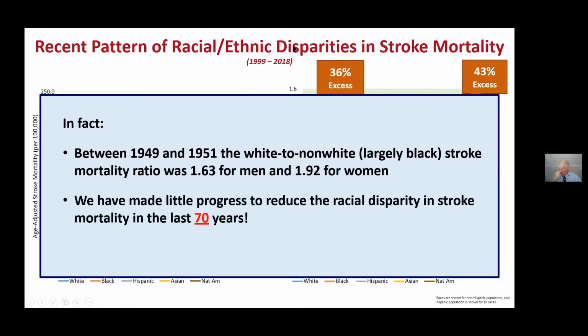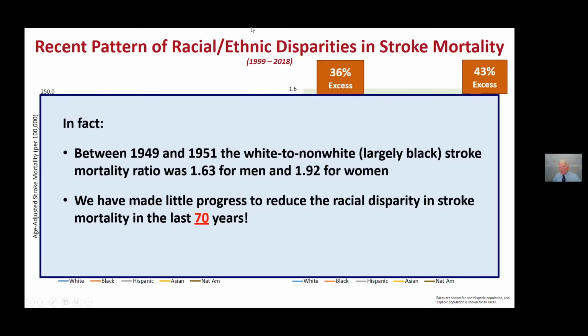And so we've made actually very little progress to reduce the racial disparity in stroke over the last 70 years. And so this is a great success that is shared by everyone, nestled with a complete failure to reduce the racial disparity in African Americans.